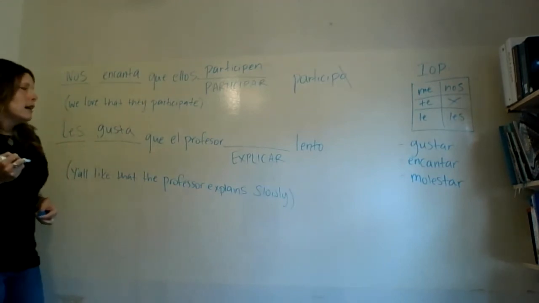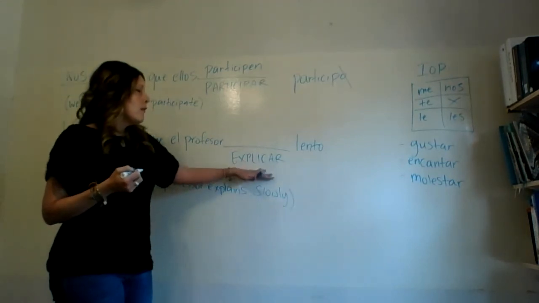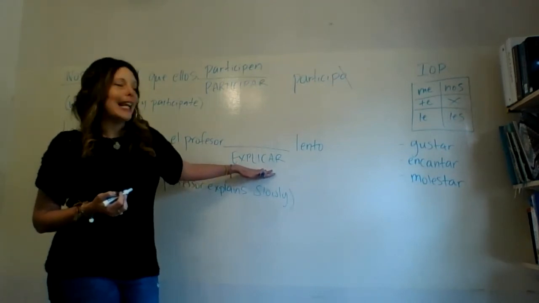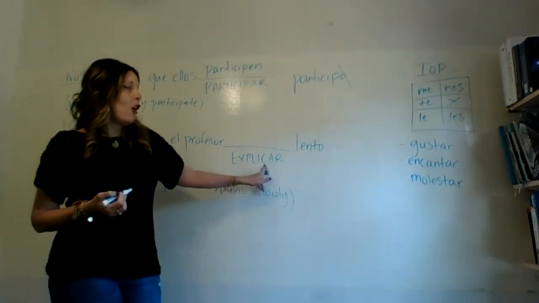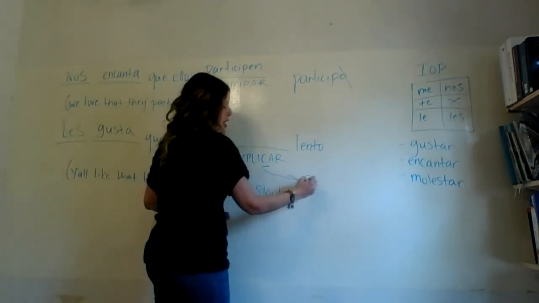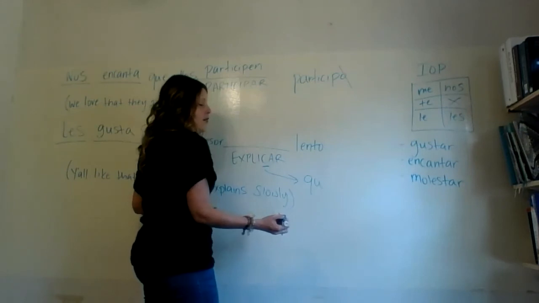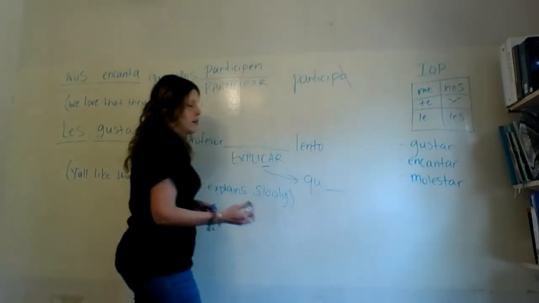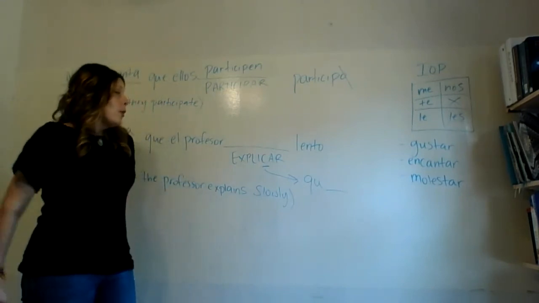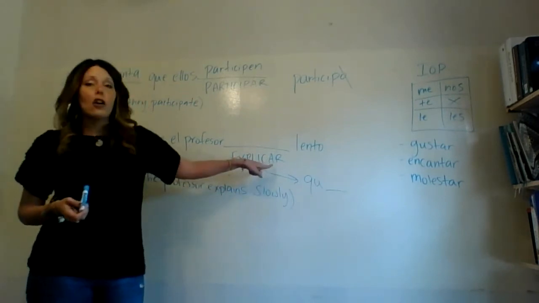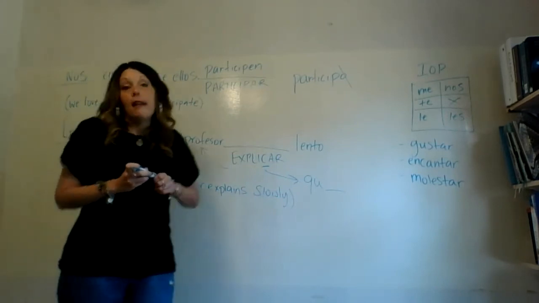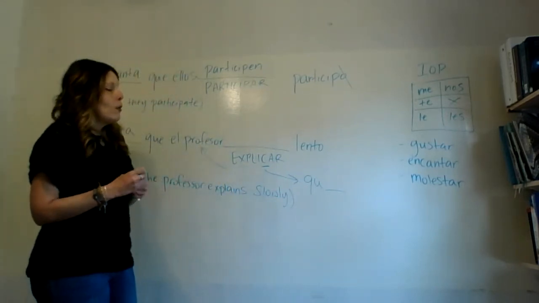Les gusta que el profesor, and then we come to this verb. If you look, explicar, to explain, is a car verb. So remember, whenever we have a car verb, that C needs to change to a QU combination, and then after that, we would add appropriate subjunctive endings that are going to look like ER verb endings. So we know that we need to conjugate explicar, a car verb, based off of el profesor, so maybe he, él, and we will go through the steps.